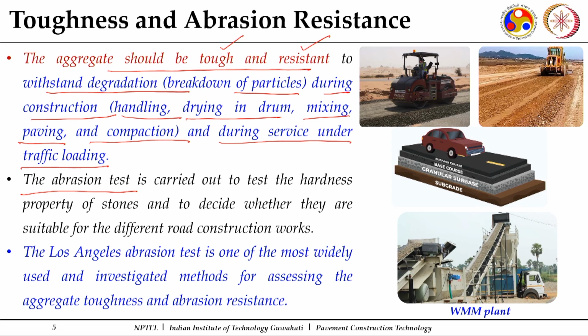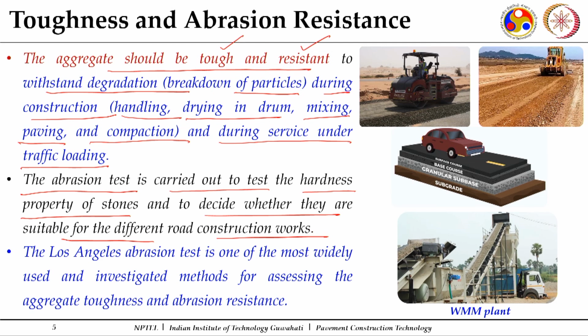So, the abrasion test simulates how the abrasion can occur in the field and gives us a measure of the abrasion resistance of an aggregate. The abrasion test is carried out to test the hardness property of stones and to decide whether they are suitable for different road construction.